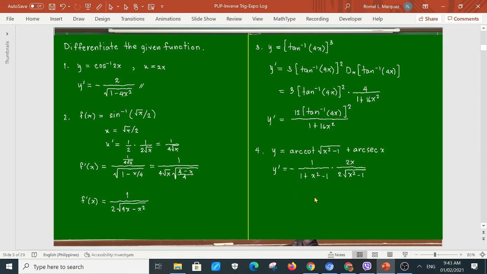It is equal to what? Let's just simplify because there is another term. Second term, we have the derivative of arc secant: derivative of x is 1, over x, so that is my u, square root of u squared minus 1.